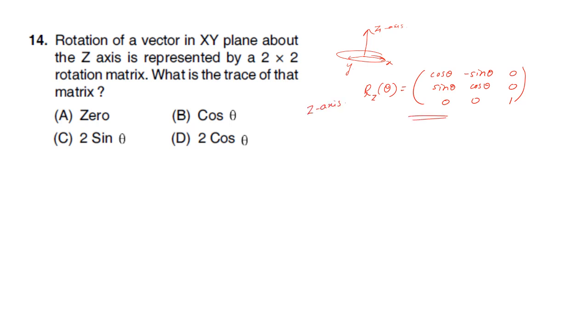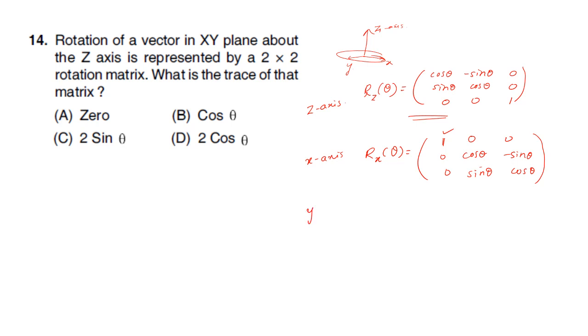If it is about the x-axis, then R x theta is given by 1 0 0, then 0 cos theta minus sin theta, 0 sin theta cos theta. Since it is about the x-axis, the x component should be 1.